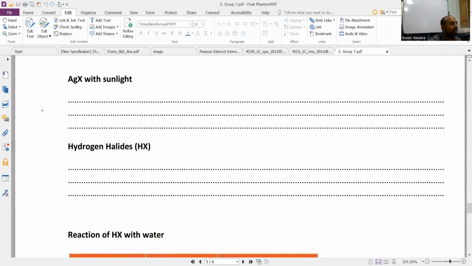Now the next one, silver halides with sunlight.